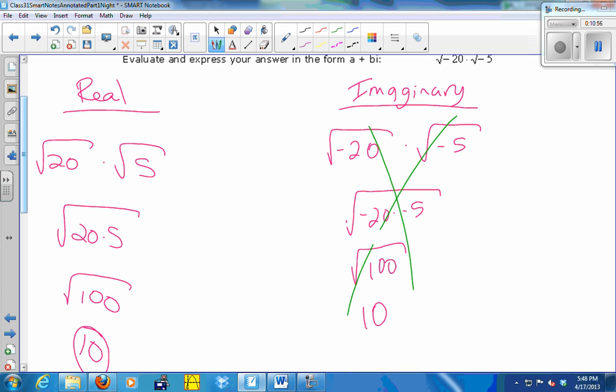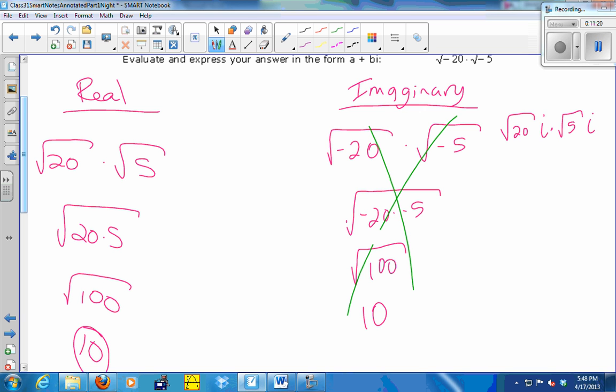The rule for imaginary numbers is transfer everything to have i's in it before you do arithmetic. Right? So this would be square root of 20 i times the square root of 5 i. So you take the square root of negative 1 out, call it an i.